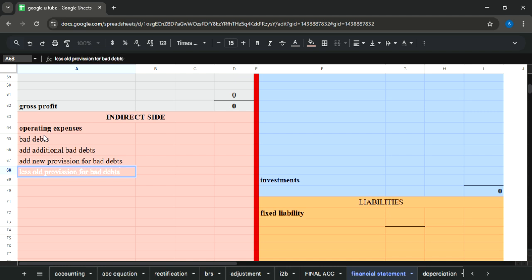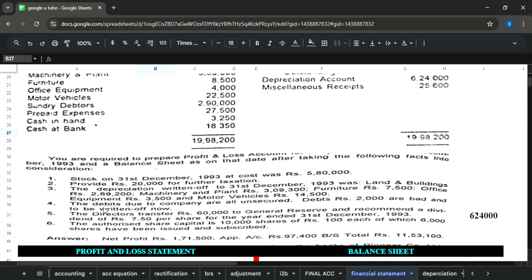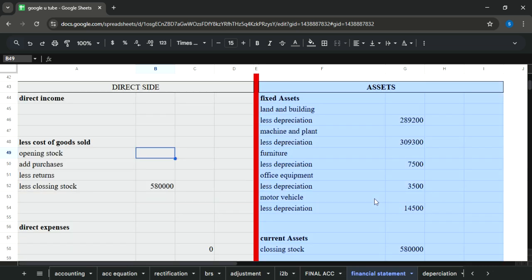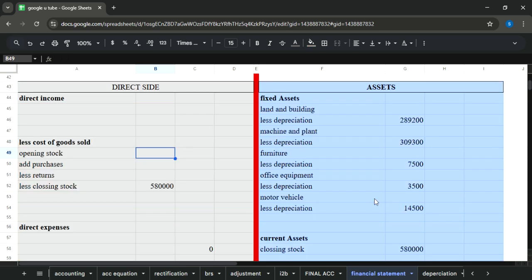Right now, in the adjustment, additional bad debts are discussed and they are 2,000. So just write down 2,000 in additional bad debts. That has been completed. Nothing else was present over here.